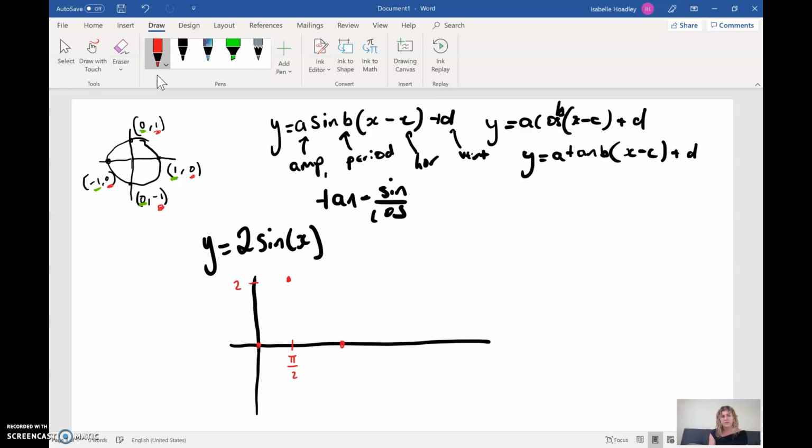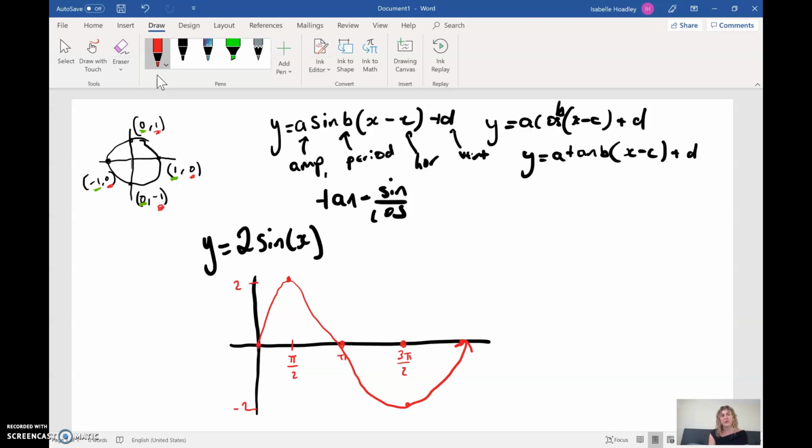We're then decreasing at pi, back down to 0 again, that y coordinate. And at 3 pi on 2, we're down at negative 2. Okay, and then at 2 pi back to 0, because we've done one full rotation of our circle. Right, so if we join all these up, we're going to get our nice sine curve, beautifully drawn, exactly symmetrical as you can see there, and that's our sine graph.